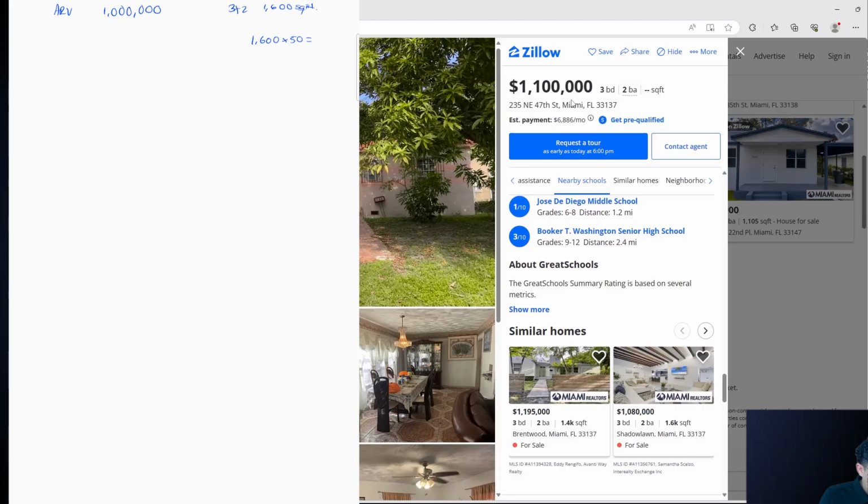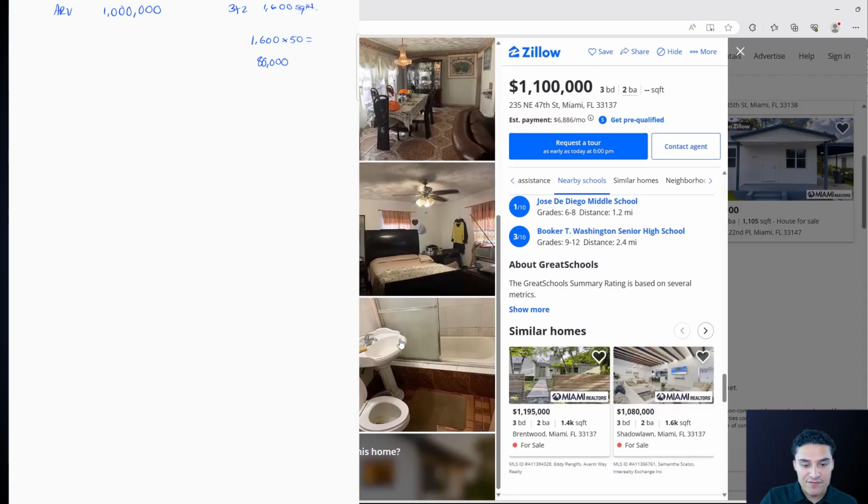So get your calculators and put 1,600 times $50. That means it's going to be $80,000. For you to do a full rehab of this property is going to cost $80,000. Now here's the other thing: you want to keep yourself safe.